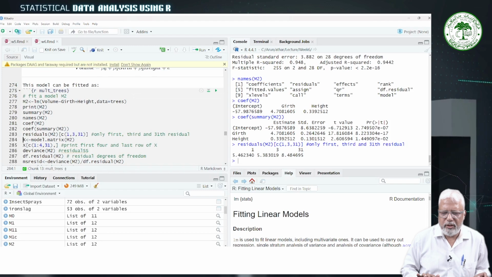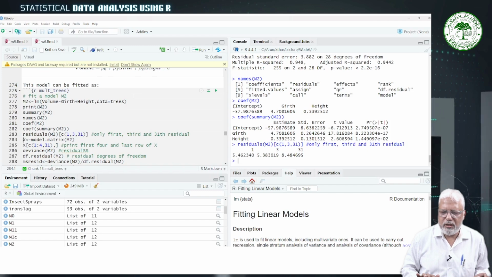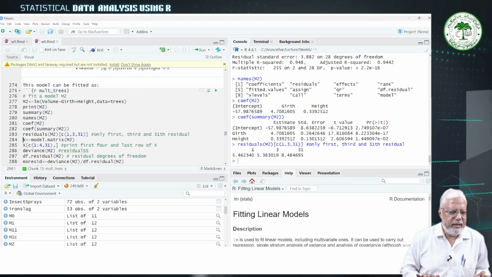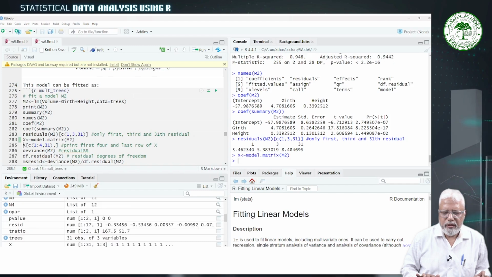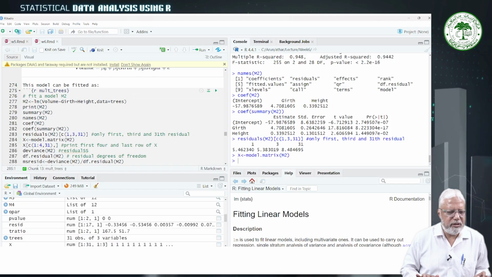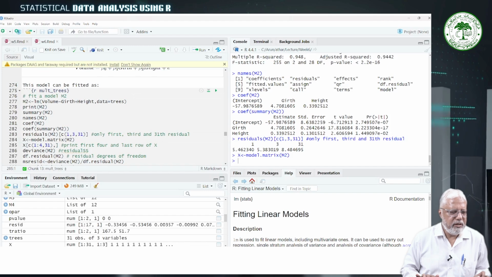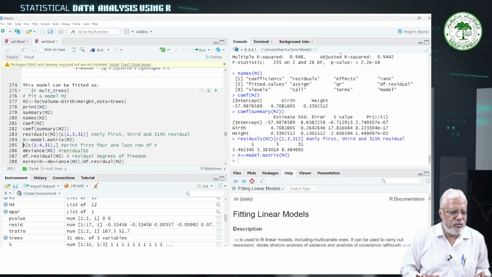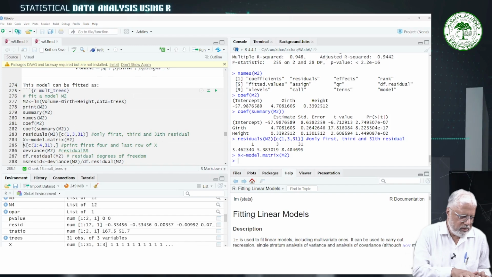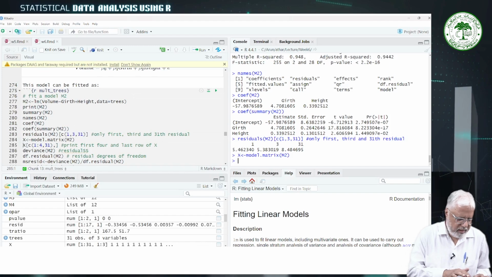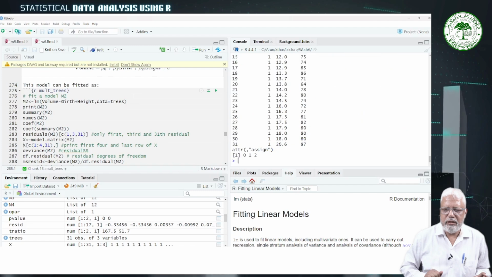We have extracted only first residual, third residual and 31st residual. Then model matrix, we have defined X is equal to model matrix, and we can have 1 into 4th row. If we print model matrix, it is this.